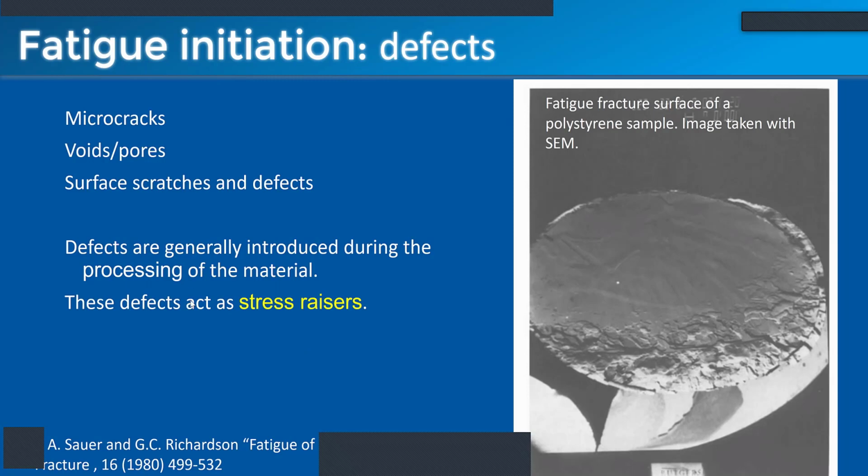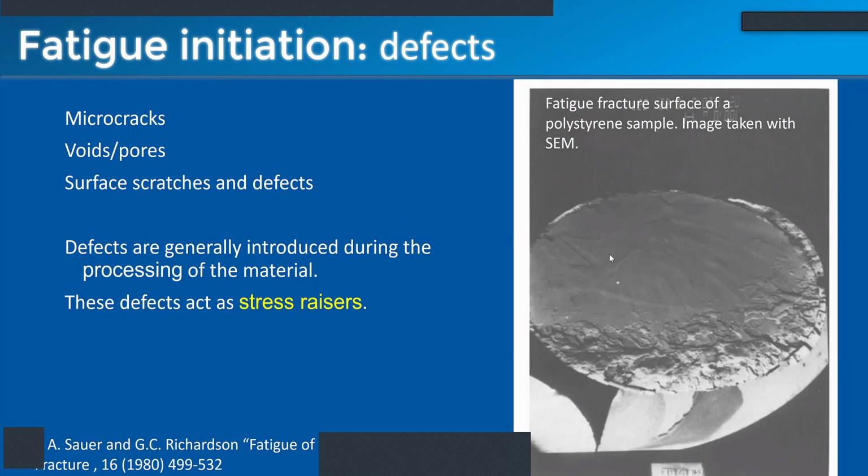Okay, and so this is kind of what the surface of a fatigue failed polymer might look like. This area is where the initial scratch or the defect was, and then that crack propagated all the way through the material until it failed. And so fatigue actually looks like a fracture of a brittle material, such as a ceramic, rather than a ductile material.